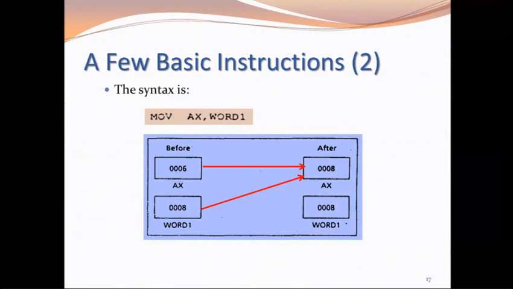If I give you another example, can you draw a picture in your book? Write the instruction first. I'm giving you an example like MOV AX, comma AC.